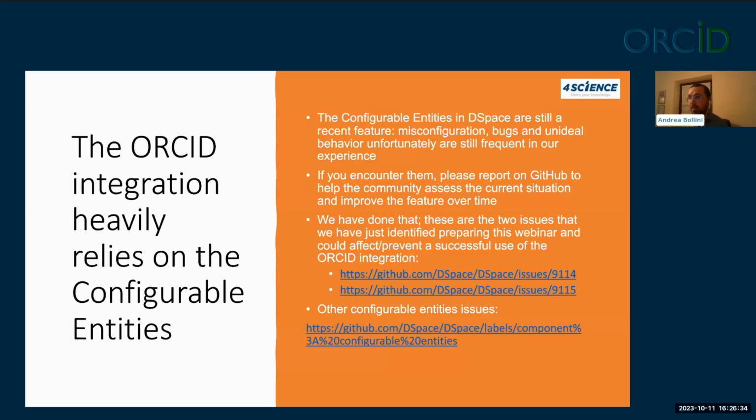What we suggest is to report all these issues, both related to user experience and to bugs, or any difficulty in configuring this feature, as a bug on GitHub, so that the community can fix it.